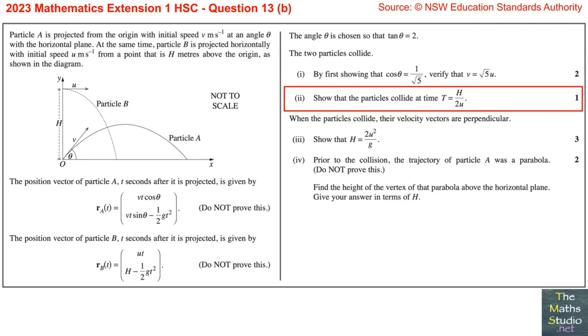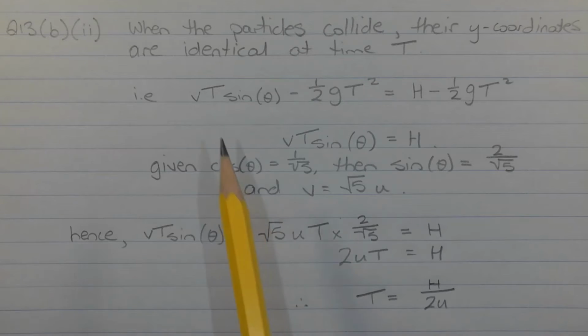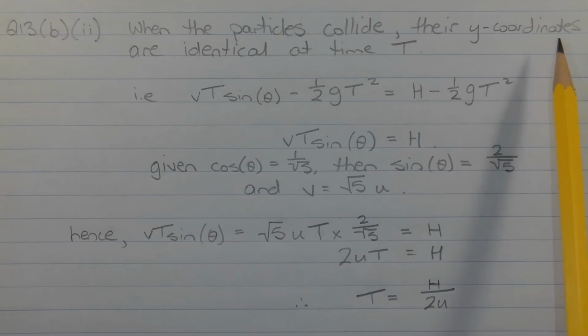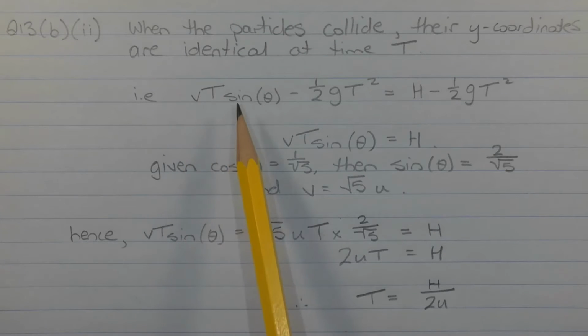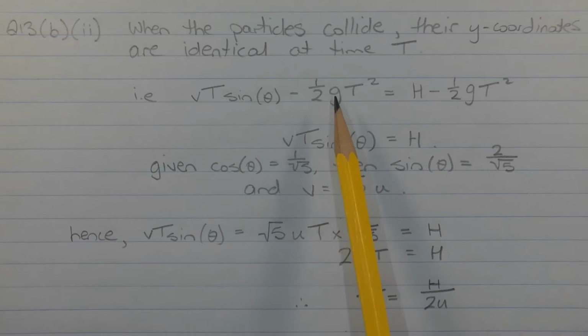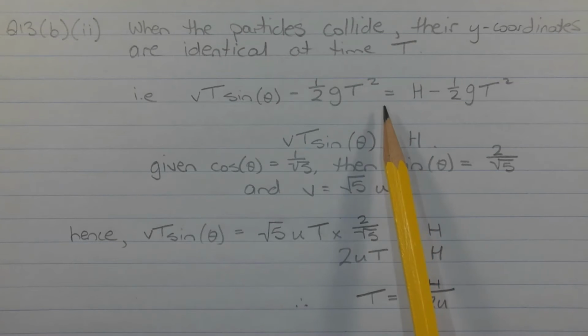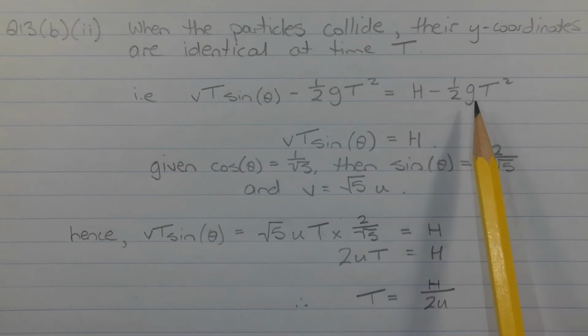Part 2. Show that the particles collide at time capital T equals capital H over 2u. When the particles collide, their y-coordinates are identical at time capital T. So equating the vertical components of the two particles at time t equals capital T, we get v times capital T times sine theta minus half g times capital T squared is equal to capital H minus half g times capital T squared.